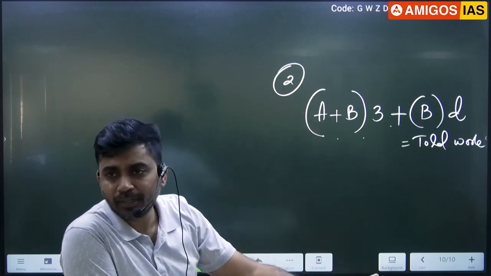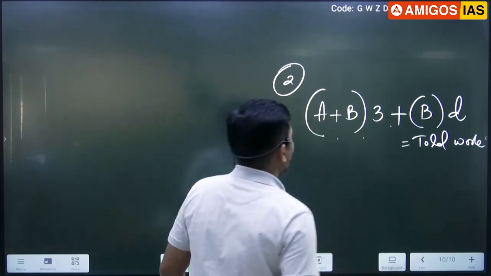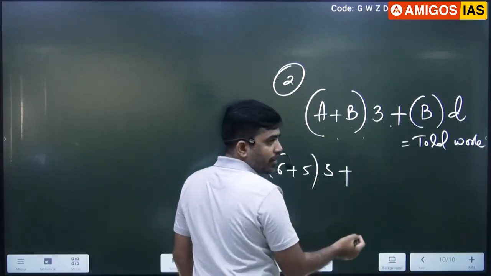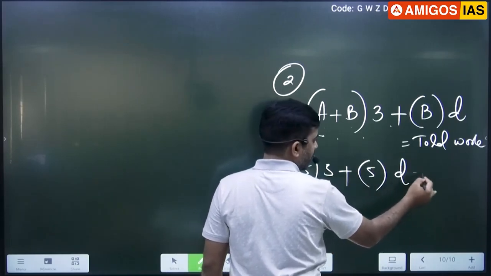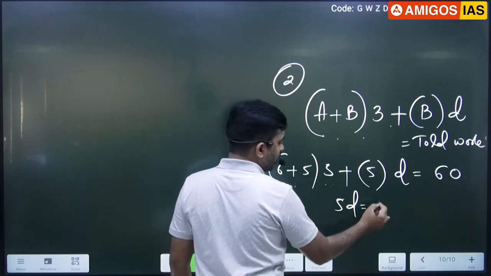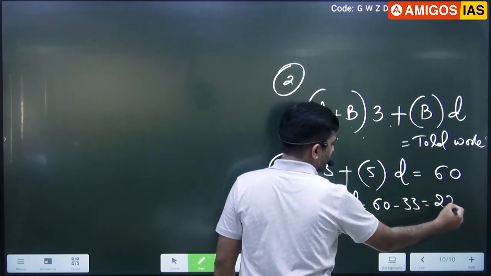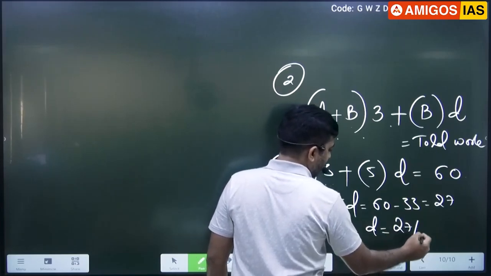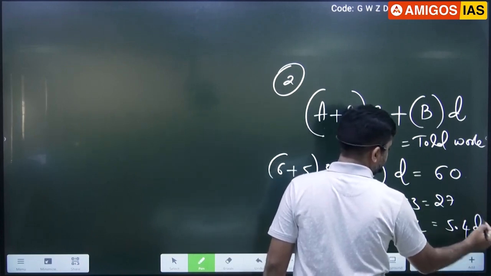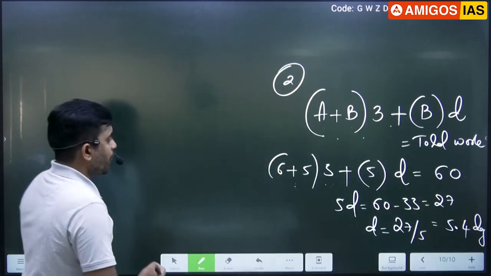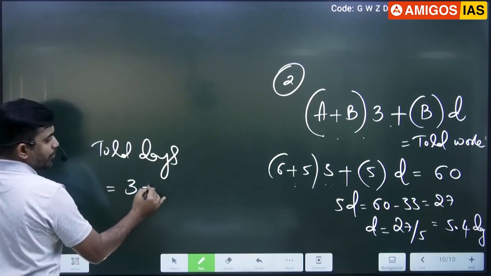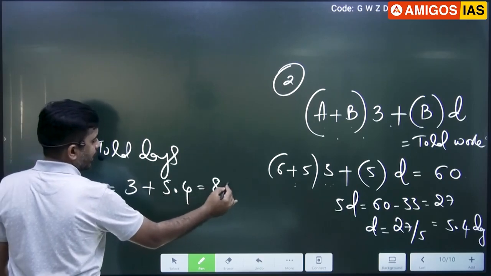If you follow LCM method, it is 60. A and B, 6 plus 5 for 3 days. B work is only 5 units. Into D is equal to 60. 33, right? So 5D is equal to 60 minus 33, which is 27. What is D? 27 by 5 means 5.4 days. Question is total days. So first 3 plus 5.4, answer is 8.4 days.